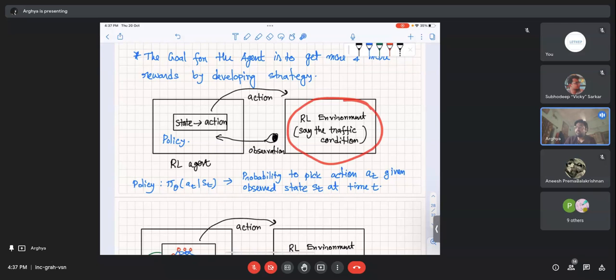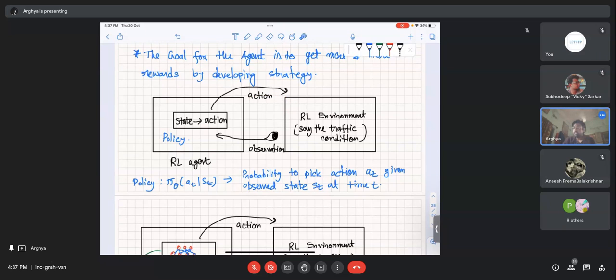It looks at your monitor, looks at the state, and takes an action, either left or right or moving forward, with some probability. Say given this state, the probability of moving left is 0.3, moving right let's say is 0.6, and going straight is 0.1. On that probability distribution, it would just sample one action, and that action will be taken here.